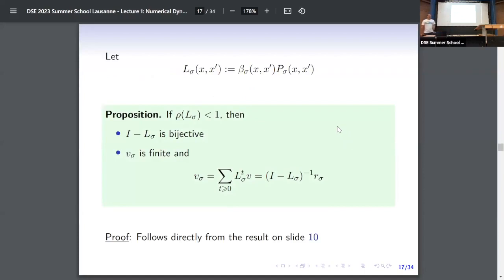Now we've done a little bit of investment in computing lifetime values when the discount factor is changing. I know when this is going to be finite and I know how to compute it.